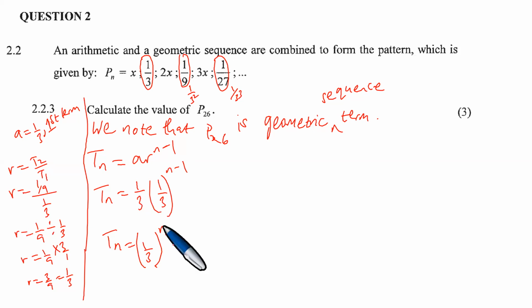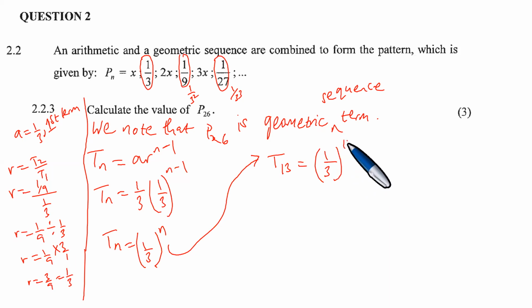So what is the meaning of this? You move across the board like this, so you'll be able to find T13. What is T13? T13 is going to be exactly 1/3 to the power 13.